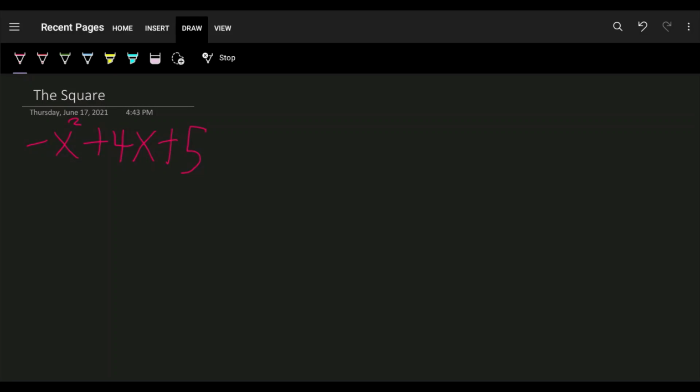So next we're going to do negative x squared plus 4x plus 5. And we have to identify that there is a negative 1 over here. So in order to complete the square, we must factor that out. And what's important to know is that we're only going to factor it out from the x terms.